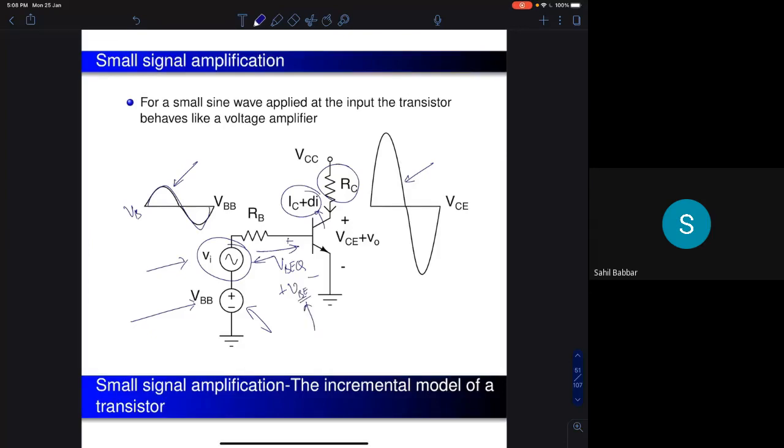In response to that, a current gm times vbe will be generated in the BJT device. That current, when it flows through this resistor, is going to have a sinusoidal variation. Because VB is a sinusoid, the current will also be a sinusoid, and the voltage will also be a sinusoid. So if you apply a small voltage here, you can expect a large voltage at the output.